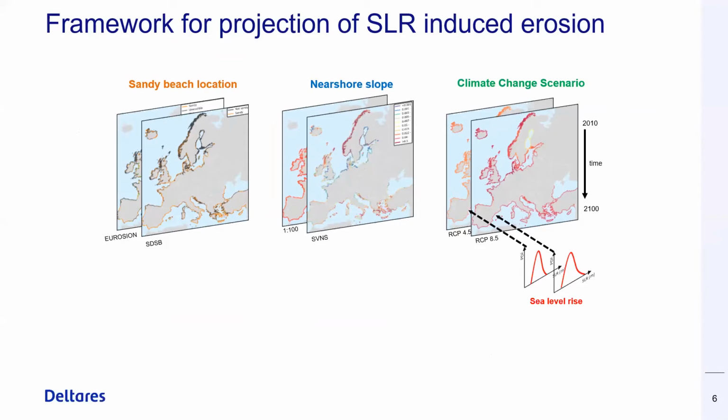Uncertainty related to which RCP we're going to use for the future and how the models predict the actual sea level rise along the coastline, and uncertainties with respect to the choice of the data sets that we're using, because at this scale we cannot really have observations or realizations. So we have to use remote sensing techniques, which obviously cannot 100% describe the actual location or the actual characteristics of the coast.